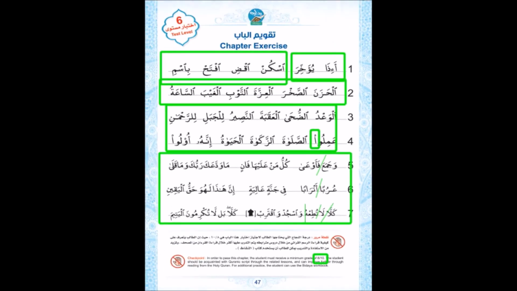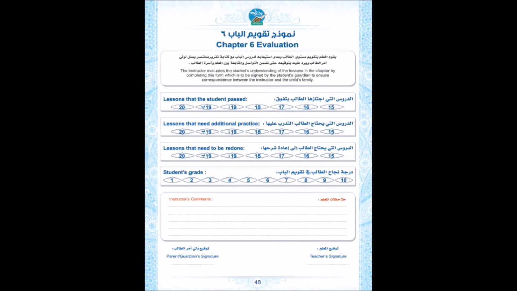As always, the second page of the chapter assessment is the evaluation. We use this as communication with the parents, and we can take note of the lessons that passed and the lessons that need more practice and the lessons that need to be re-explained.